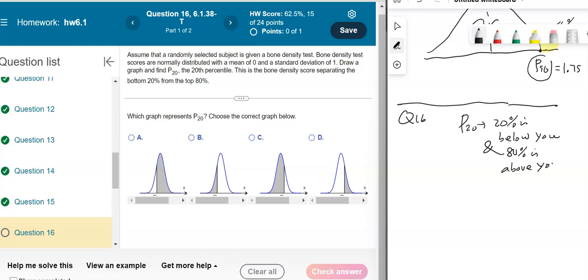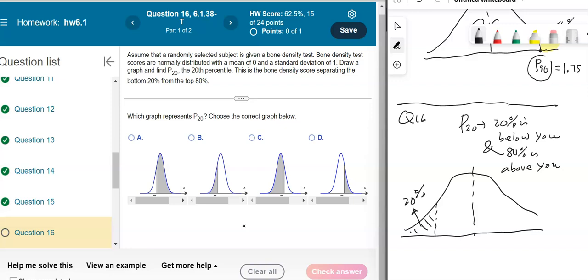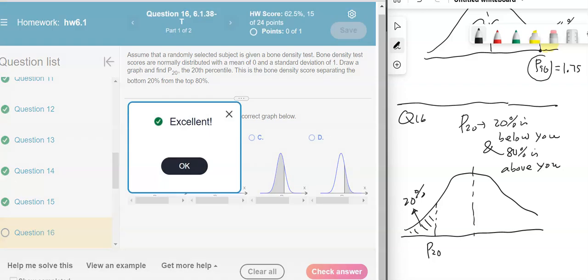That's the meaning of 20 percentile. So if you graph always below 20%, this is 20% below you. This point is called P20. Okay, so as you can see in the picture, there should be like something like B.